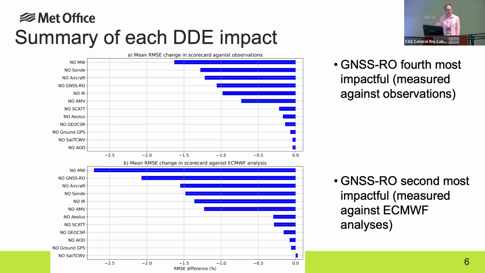And so you start to go, well, if we had more observations, 30,000, 40,000 occultations a day, would GNSS-RO become the most important observation type, at least in the Met Office system? So the future is bright, and maybe RO will be the most important observation type to NWP centers. That's all I had to say. Thank you very much.